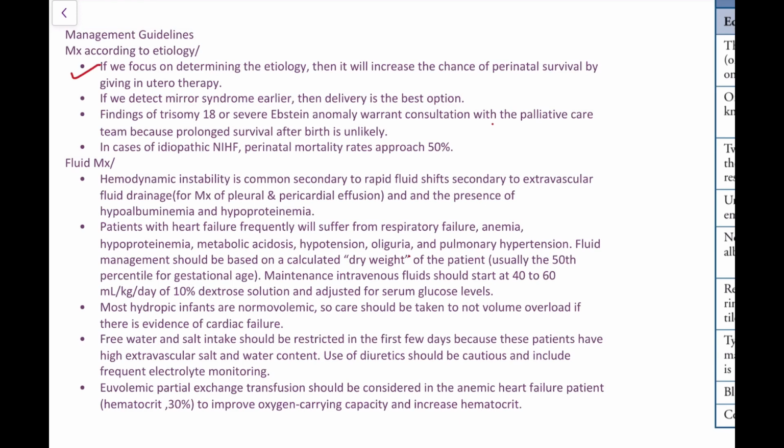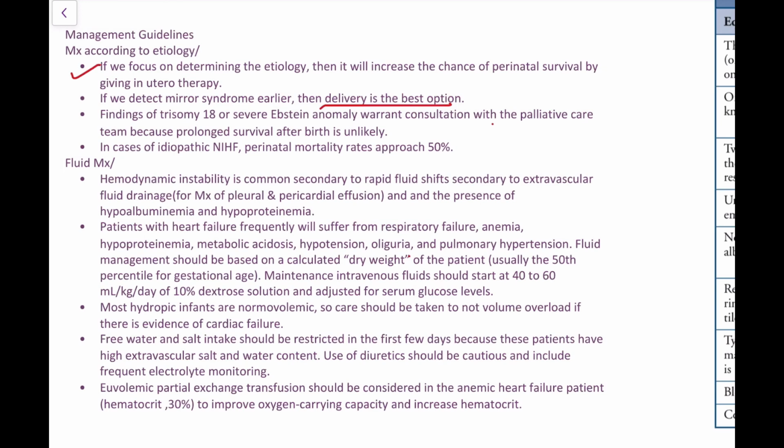Management according to etiology. If we focus on determining the etiology, then it will increase the chance of perinatal survival by giving in utero therapy. If we detect mirror syndrome earlier, then delivery is the best option.